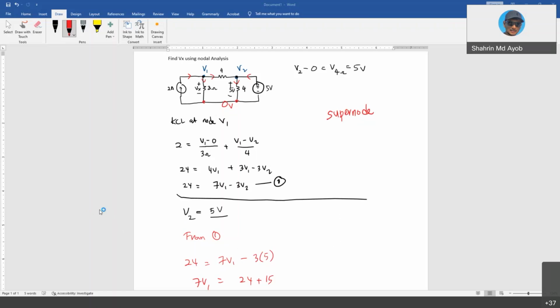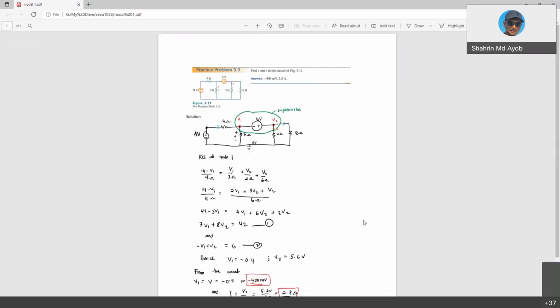Okay, so right now I am showing you the example of nodal one, which comes from the textbook.